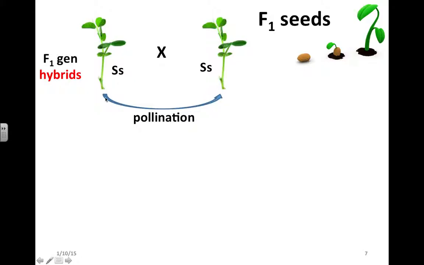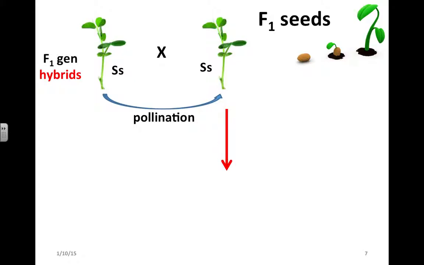And you know the routine. Mendel pollinated them. That means he took the pollen from this plant and took it over to the pistil, which is the female organ on this plant, and made pollination happen. And then fertilization occurred when the sperm and the egg from the two plants got together.